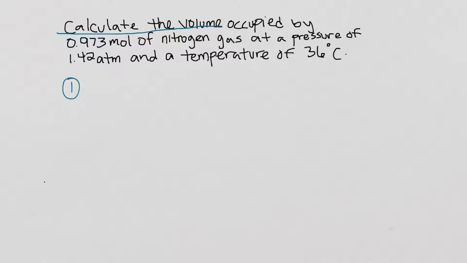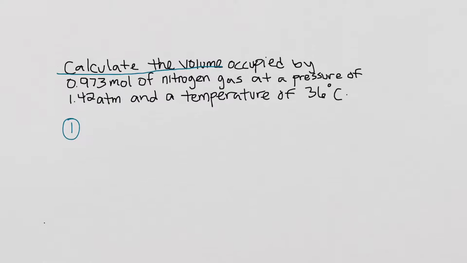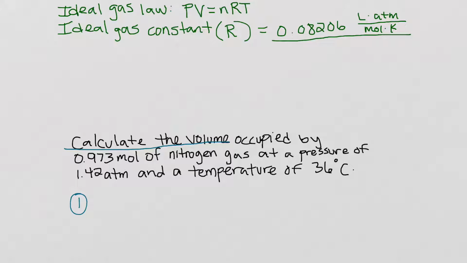Our first step is we need to convert whatever we have to the proper units. Now, our units will consist of this. We will be using liters, we need atmospheres, we need moles, and we need Kelvin.